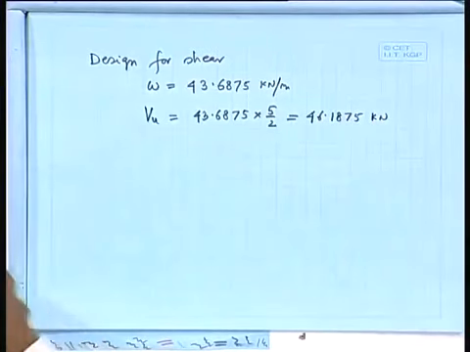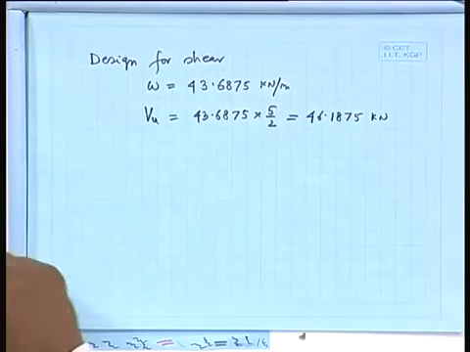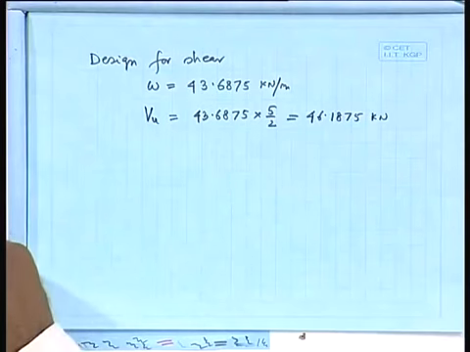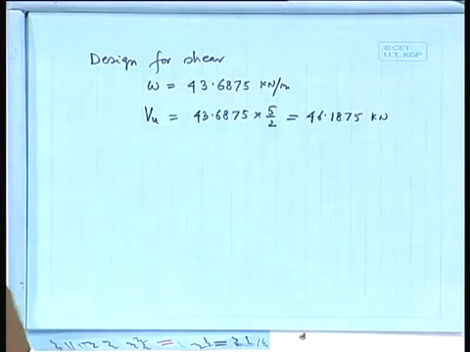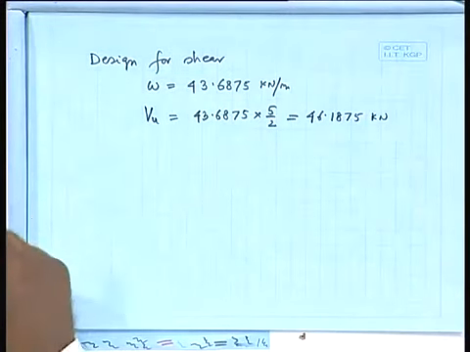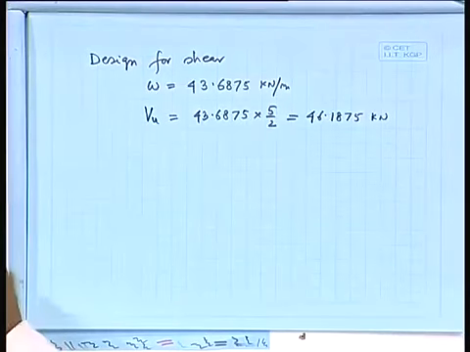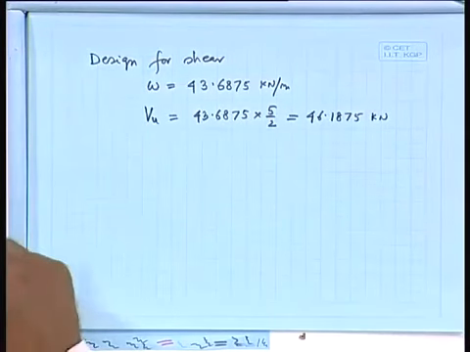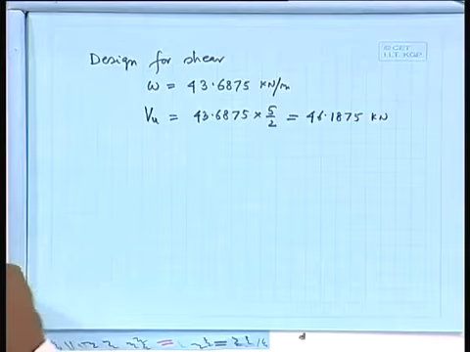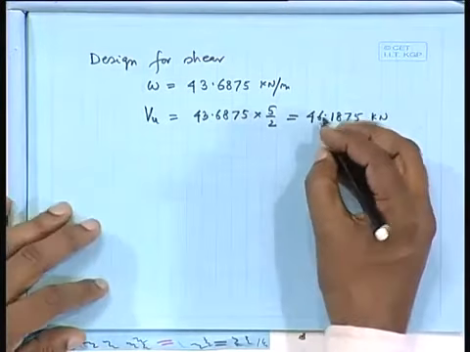I hope so. 43.6875 into 2.5. So I have made a mistake possibly, just a minute. So the value is coming here 43.6875 into 5 by 2, sorry, it should be 109.